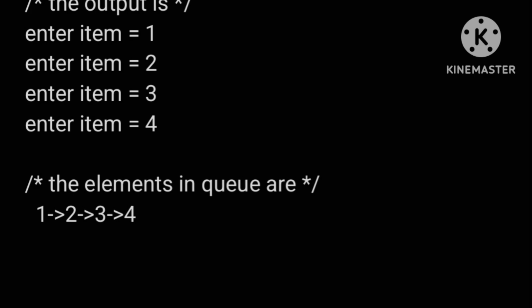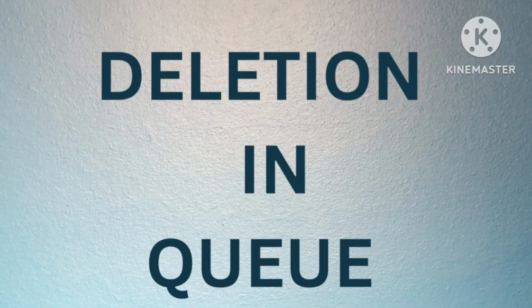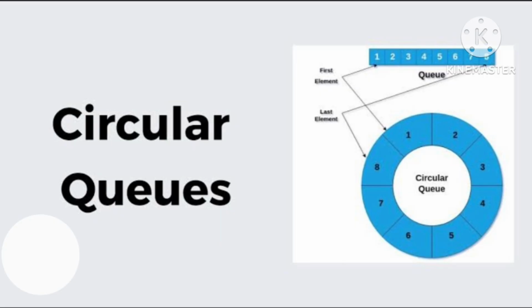So in this way our insertion operation is performed. Now let us have a look on the output screen of this programming code. Now here the first item to be inserted on the queue is having the value 1 and the last one is having the value 4. Now next we will understand the deletion operation in circular queues and its algorithm and programming code.